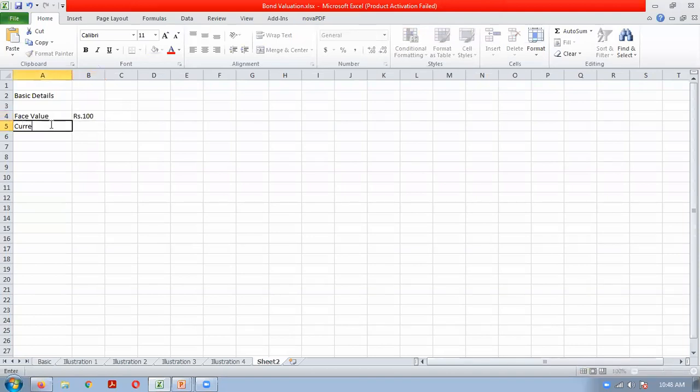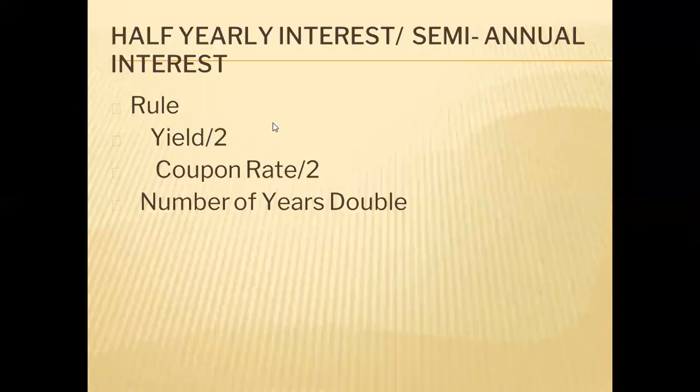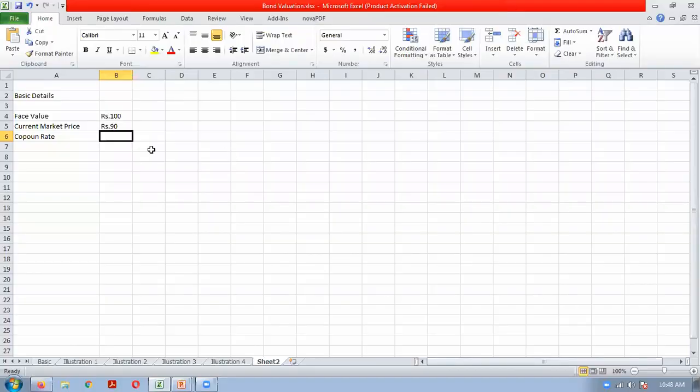Current market price is 90. Coupon rate is 14%, but here you should write semi-annual.